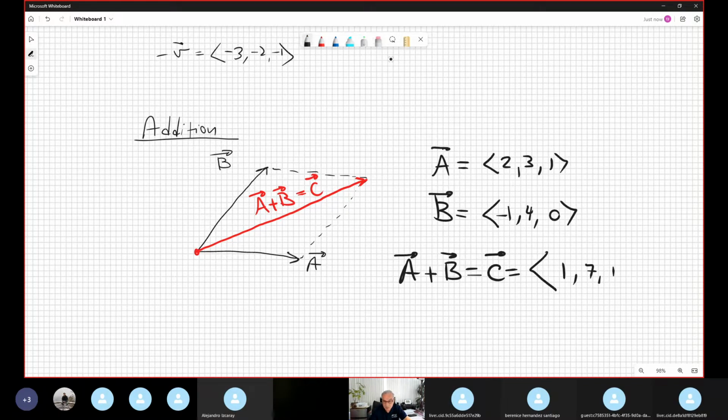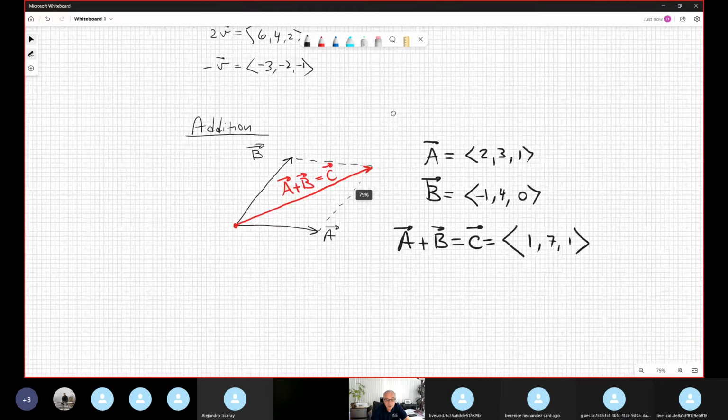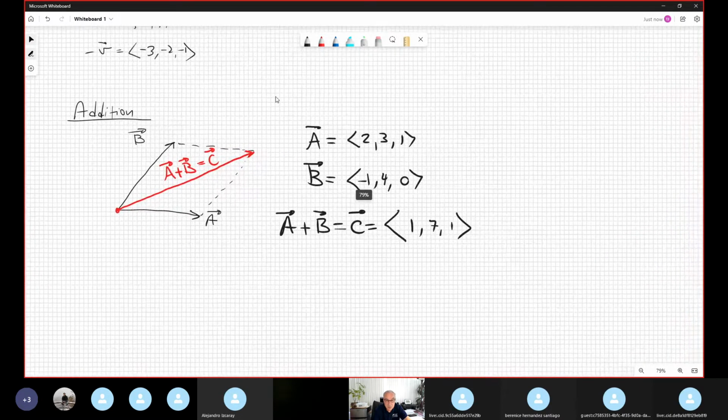Super easy, no big deal. In this case, I am using the angular bracket notation, but some people prefer, we can use the Hamilton notation, i plus 7j plus k. Either way.